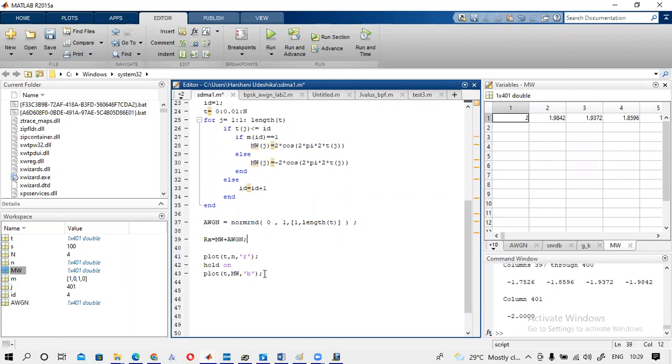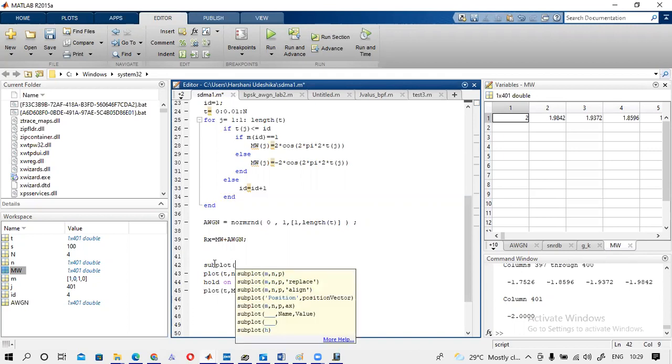So we can plot it here also. I will plot this in a separate row. We are going to divide the area into 3 rows and 1 column, with subplot.